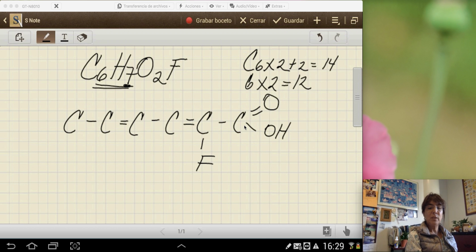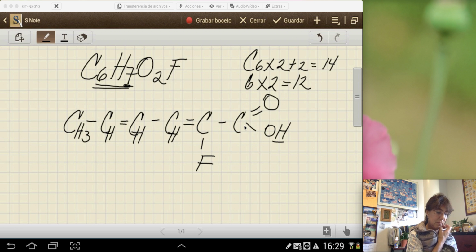But if I see what they're asking me to do in the rest of the exercises, and they're asking me to give a geometric isomer, I'm going to be needing my molecule to have double bonds. So then, let's see if with these unsaturations, I've made it to only have 7 hydrogens. 3 here, CH3, 1 here, 4, 5, 6, 7 hydrogens.